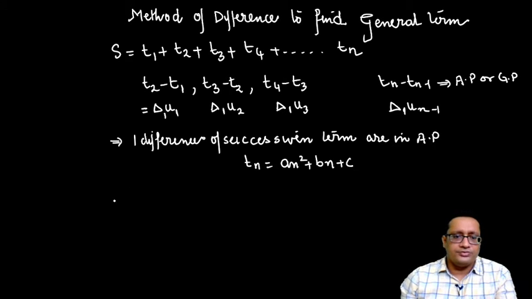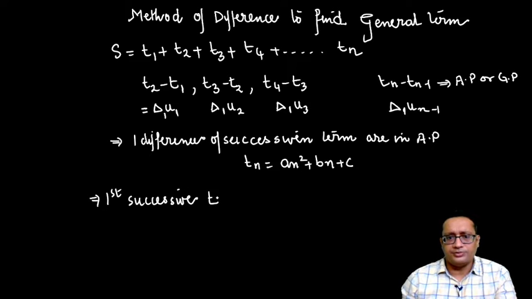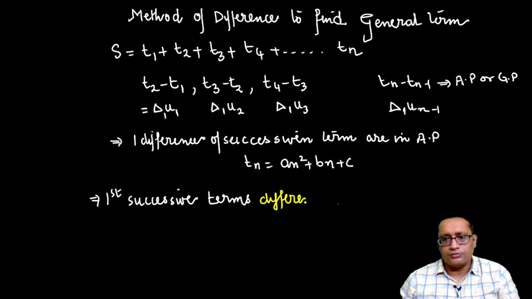If the first successive term differences are in GP, then consider Tn is equal to a r to the power n plus b. What is r?